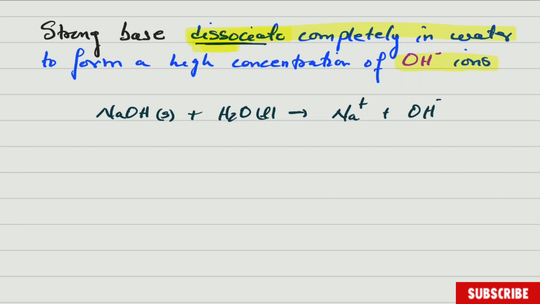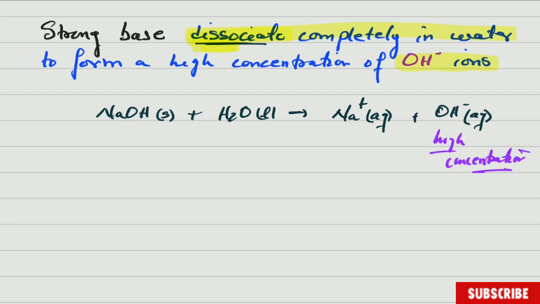These are ions, and these are going to be ions in water, so let's add here the aqueous. All right, so this is what is going to happen. Now what you need to know, if it's a strong base, then this one is a high concentration of OH-, and this one dissociates completely.